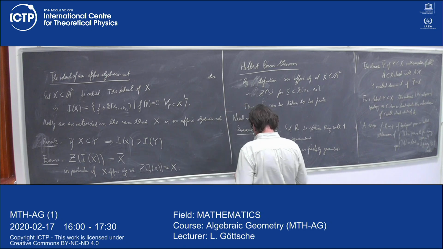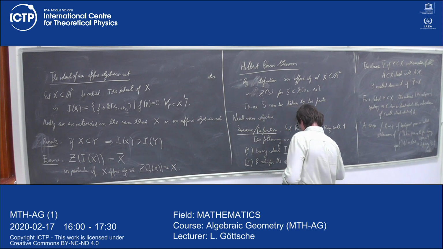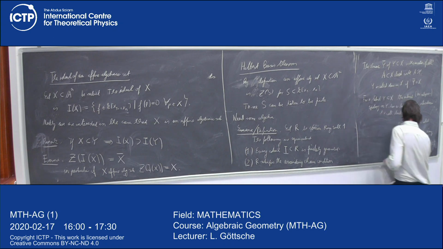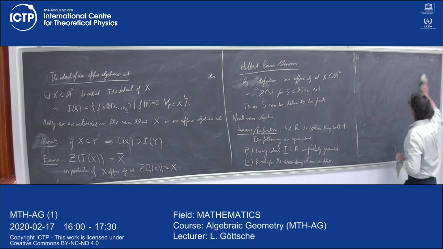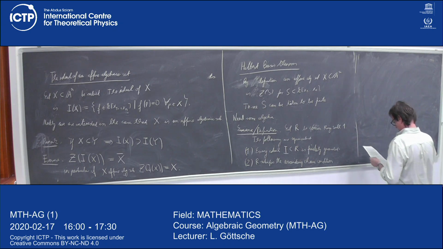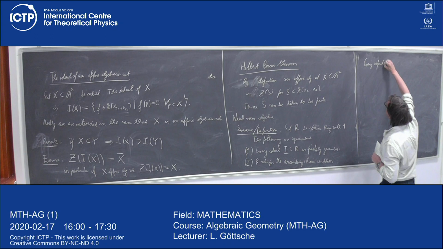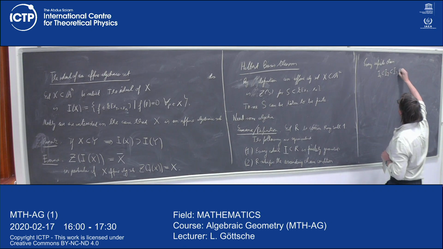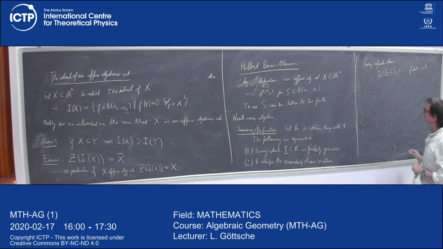So R satisfies the ascending chain condition: every infinite chain I1 contained in I2 contained in I3 and so on of ideals in R becomes stationary.